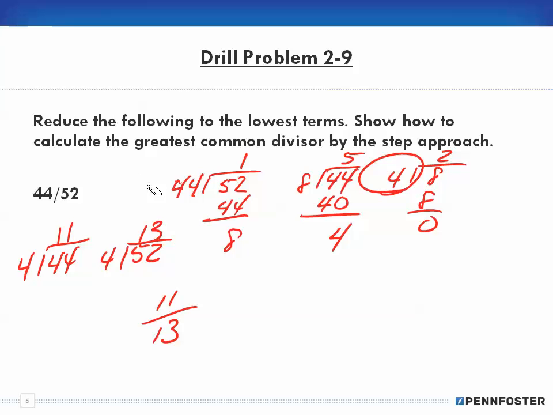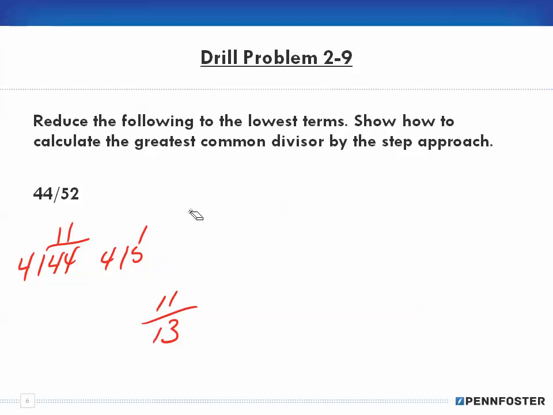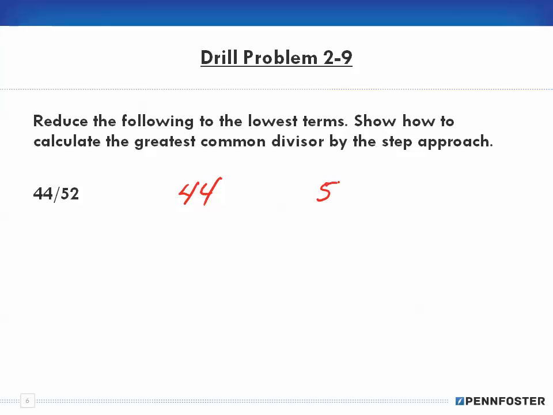Again, me personally, I'm going to erase all of this, and I'm just going to walk through the mental thought process for myself here. I have 44 and I have 52. Well, in my mind, I'm kind of going, okay, what two numbers can make up 44 and 52?